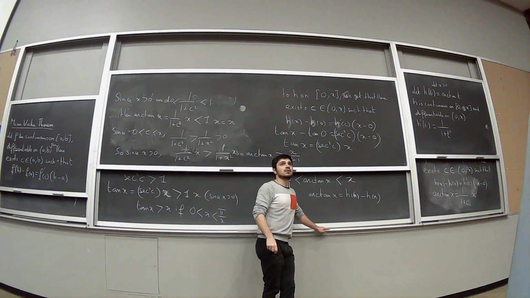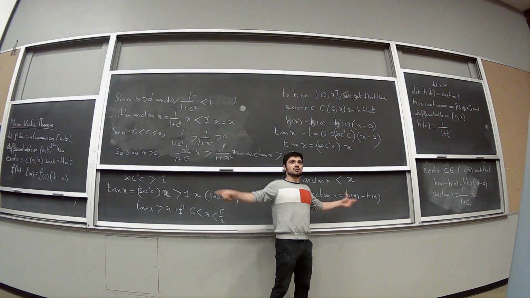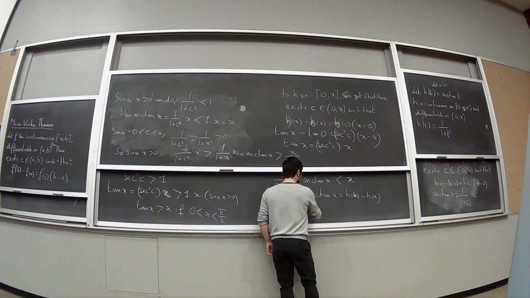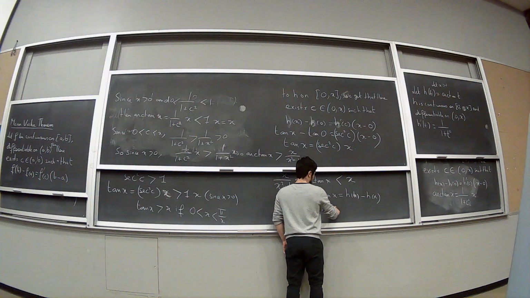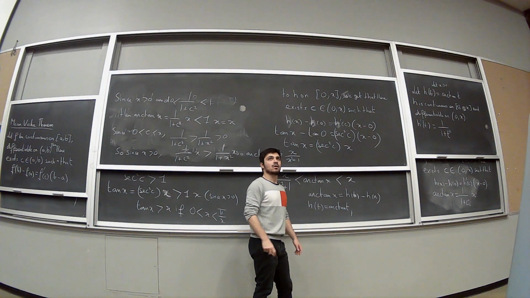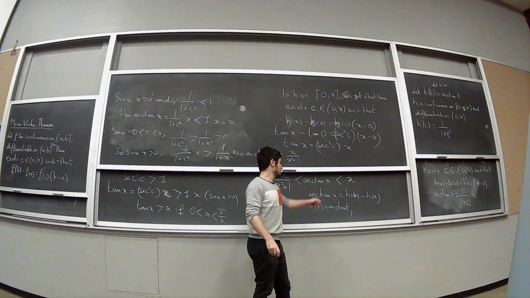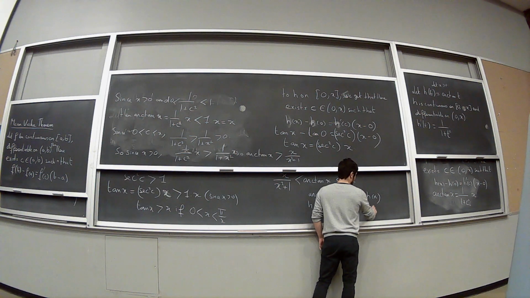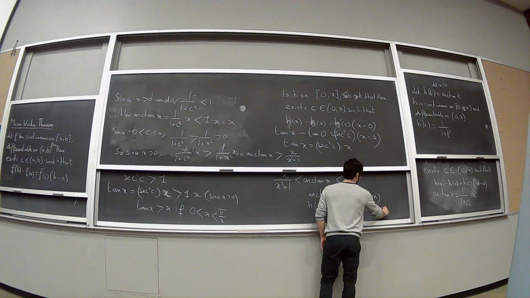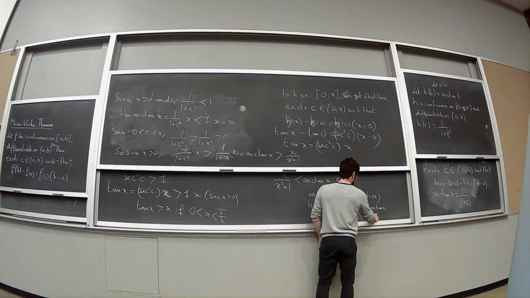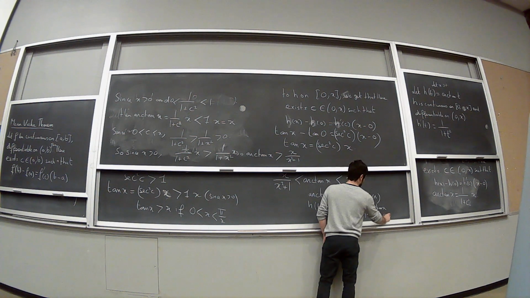That's the mean value theorem. To apply the mean value theorem, you need to find the interval a, b. What's a good choice? If h of t is arc tan t, then what do you get? h of x is arc tan x, and h of 0 is arc tan of 0, which is 0.